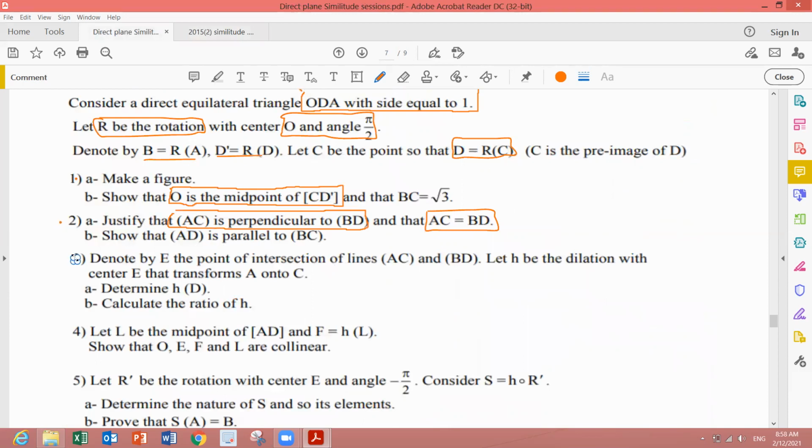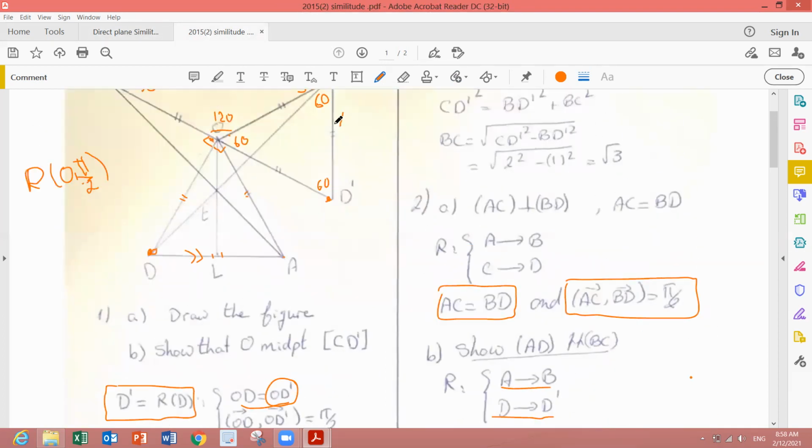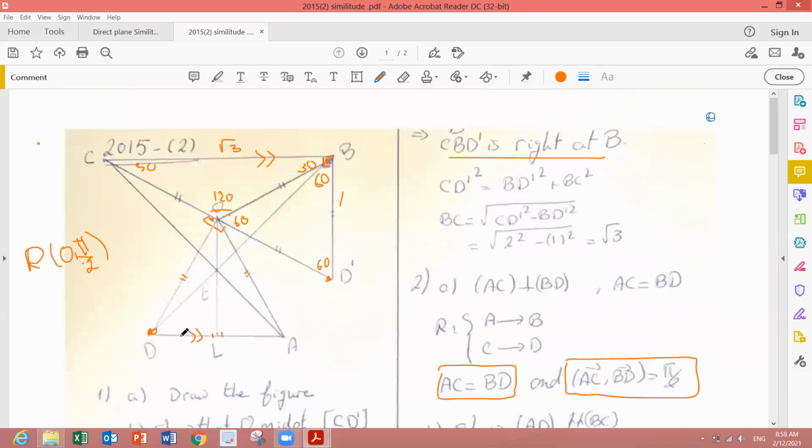Part 3. Let E be the intersection of AC and BD.